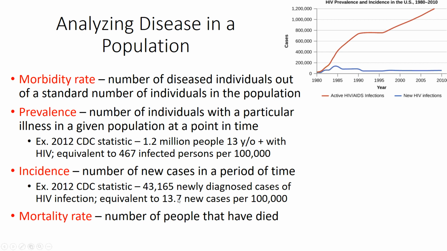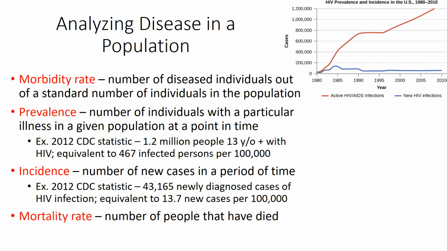So if you compare these two numbers, 13.7 and 467, you can see the difference between incidence and prevalence. So in that 1 year, there were 13 new cases for this defined group, but overall there were 467 people. The incidence is just new cases. Prevalence is the total number.